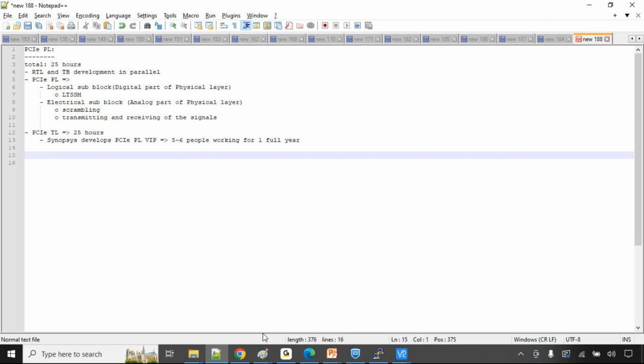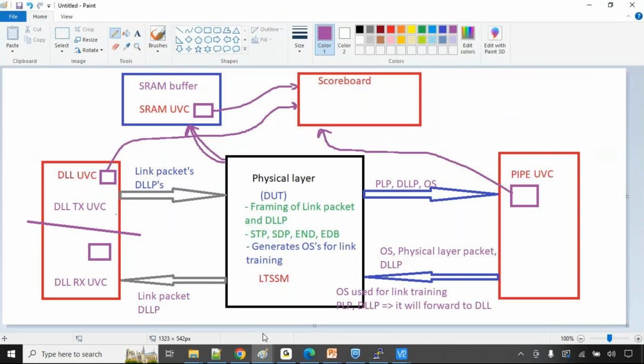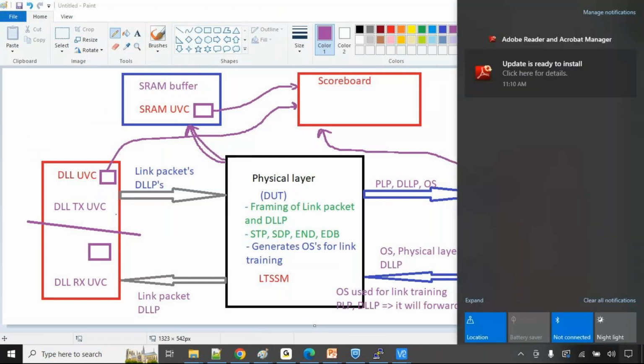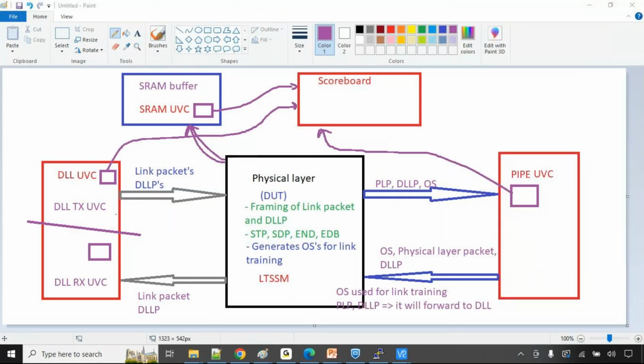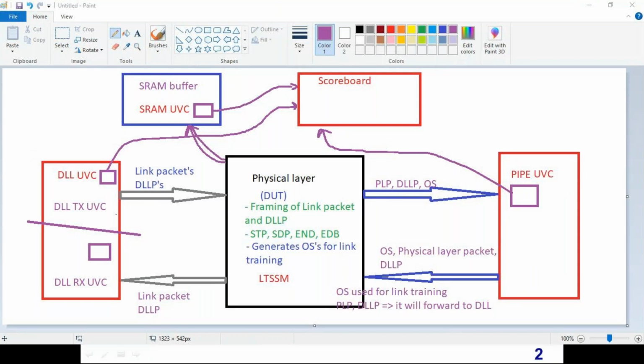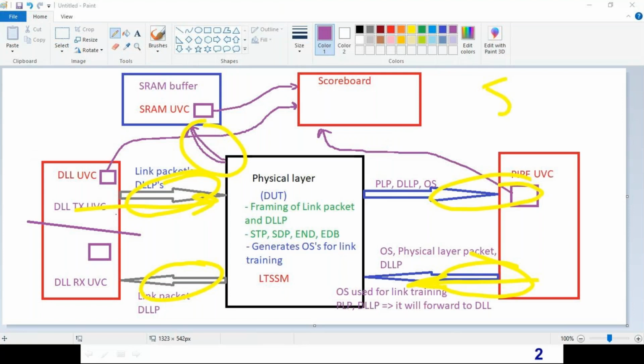But second, you would gain good expertise with UVM based test bench development. The reason is it has multiple interfaces. If you see, it has 5 interfaces, and each of them can generate packets.